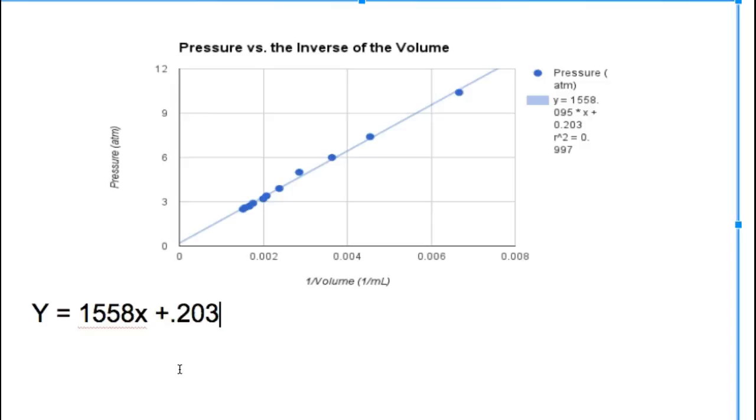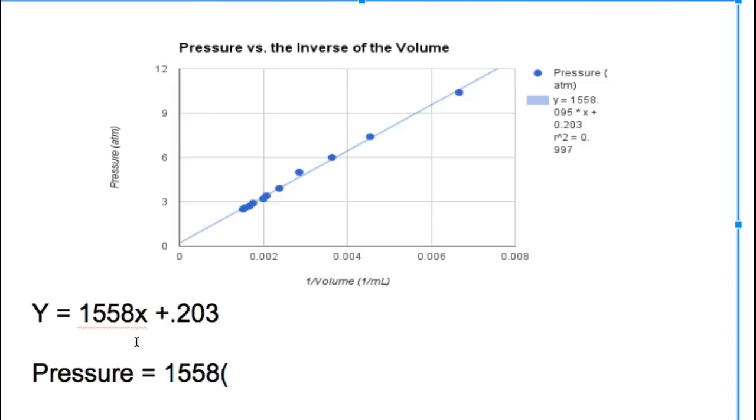The full math model would include the variable names of pressure and volume, as well as their units. So I'm going to do that next line. I'm going to write pressure, which is y, equals 1,558. And now I'm going to write the units.